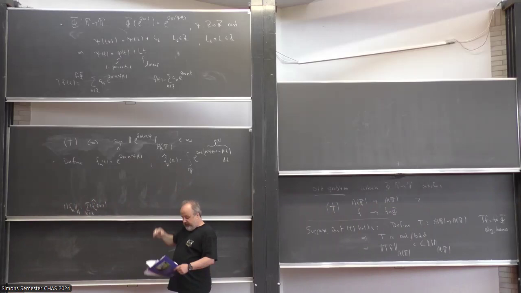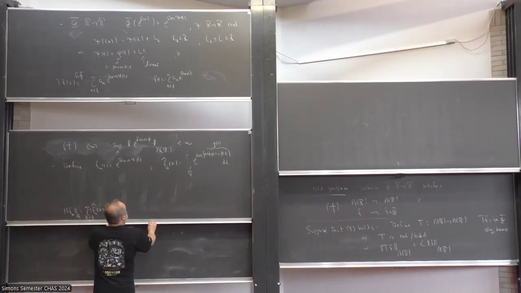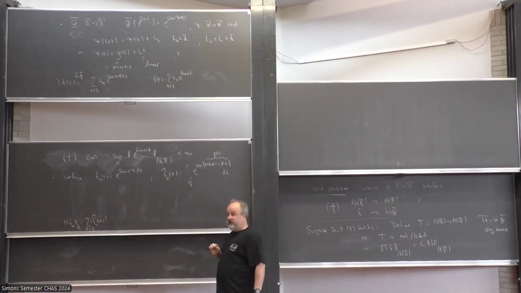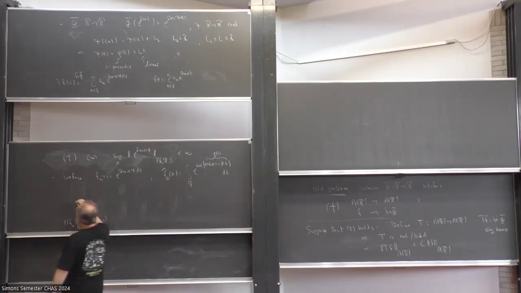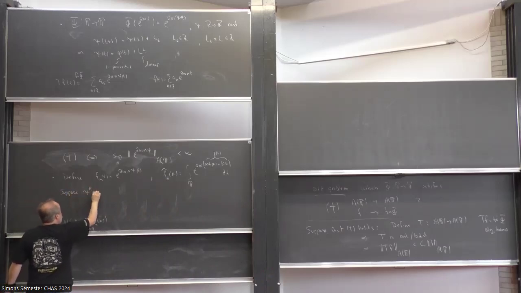But let's suppose that the periodic part is not constant. There's some curvature. So let's suppose, as people did, that the second derivative never vanishes.